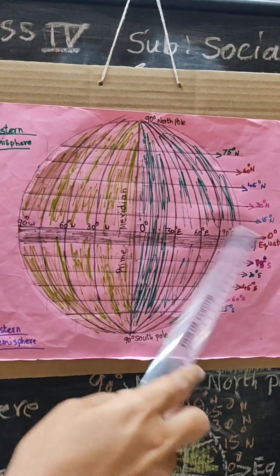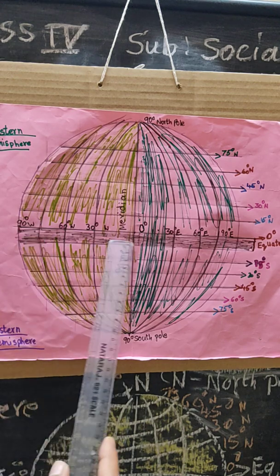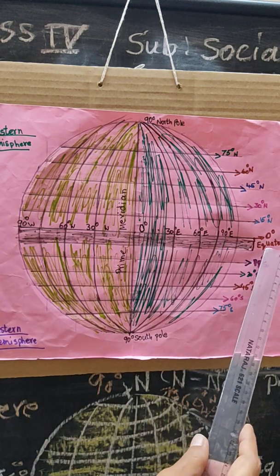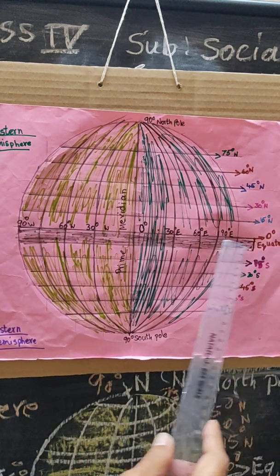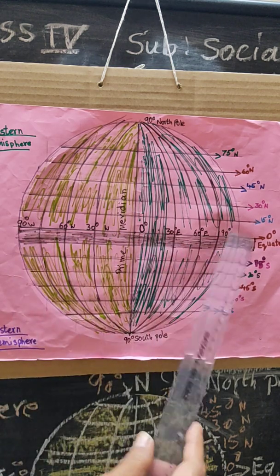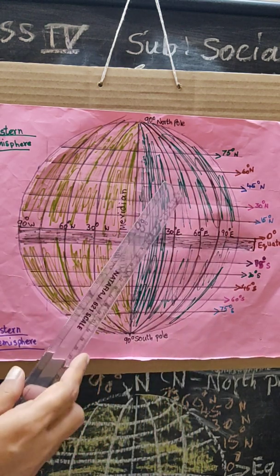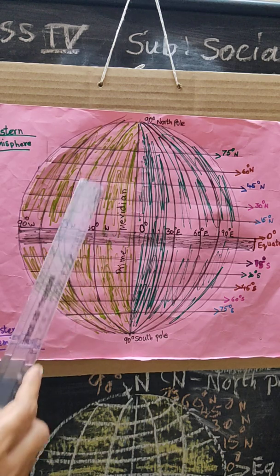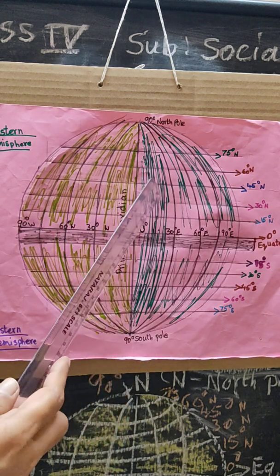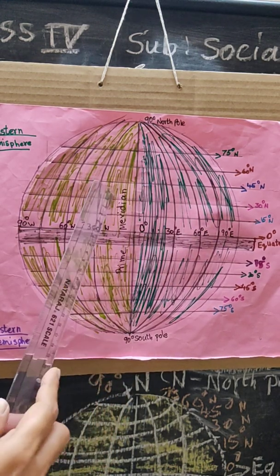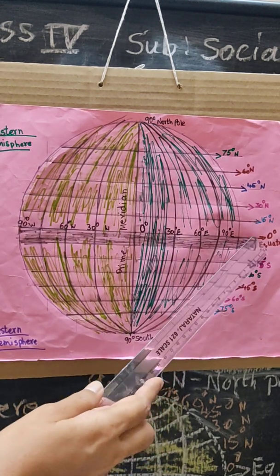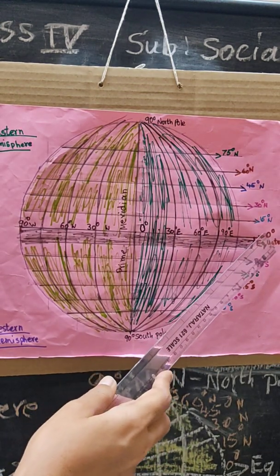So here in between, I made it a little dark so that you can identify what the equator is. This one. This is dark green I colored, and here light green. That means it has been divided into half here. Now it starts from 0 degree.